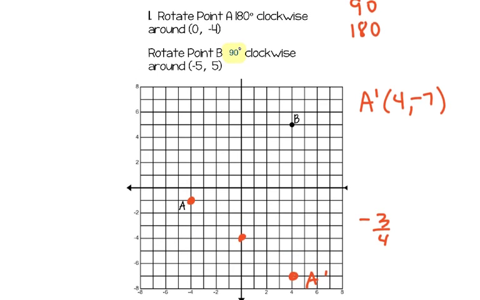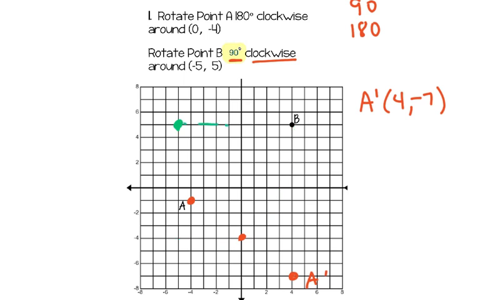Okay, the second part, I am changing this to a 90 degree and it's clockwise. So make sure you get the clockwise part because if you go counterclockwise, it's going to be wrong. So I'm going to take B and go around the point (-5, 5). This is going to be my center. So what's going to happen, visualize it, is B is going to rotate that direction.